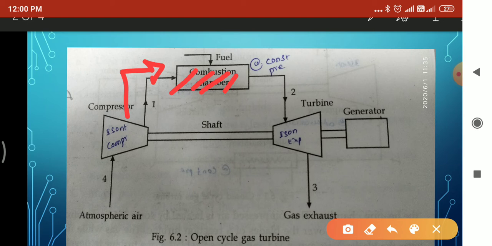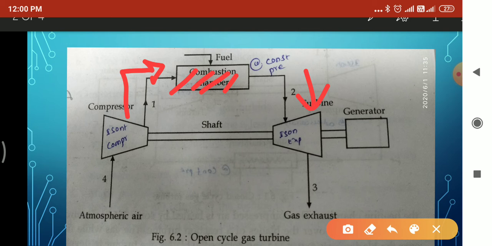Now after that, the hot gas is made to pass over the turbine blades, and the gas while flowing over the blades gets expanded, which imparts kinetic energy to the turbine blades that causes the turbine to rotate.